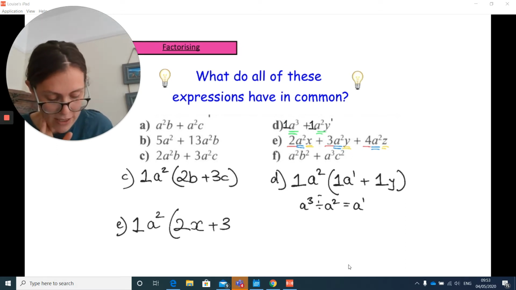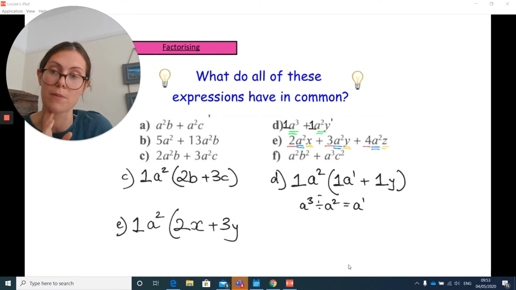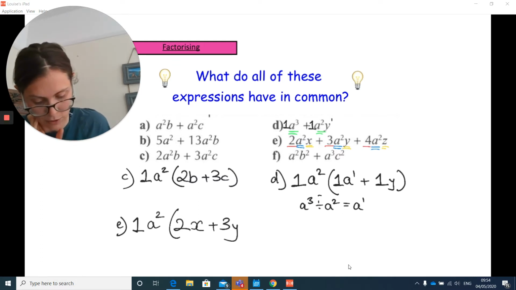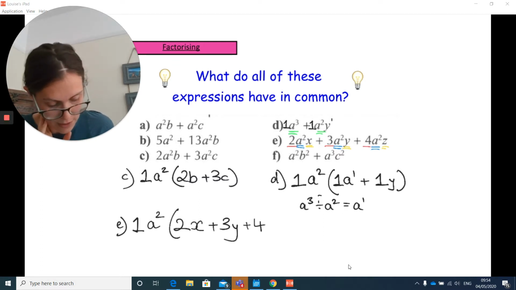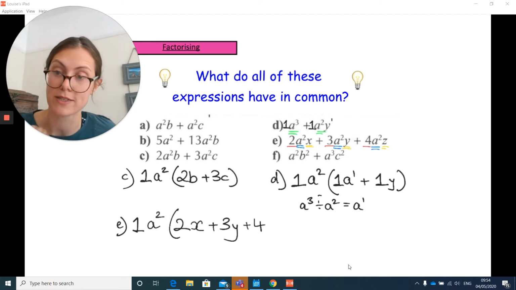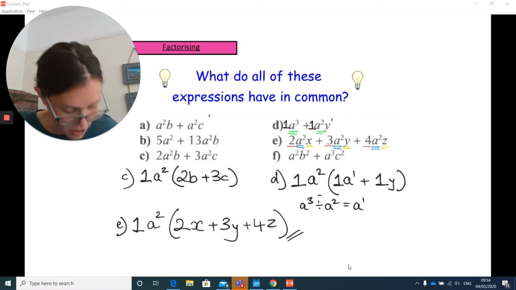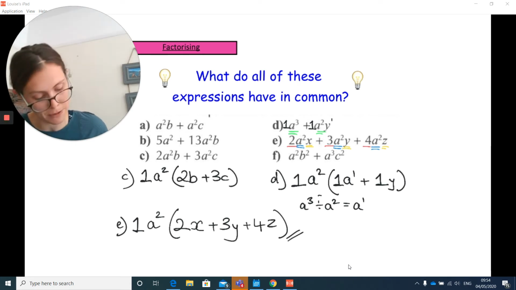You've got A squared divided by A squared, so you don't write it. And you've got Y, doesn't divide by anything. And the final one, you've got 4 divided by 1, which gives you the 4. A squared divided by A squared, which is itself, so we don't write it. And then you've got the Z. So that's your answer. So method, no different, even though you've got the 3 terms.